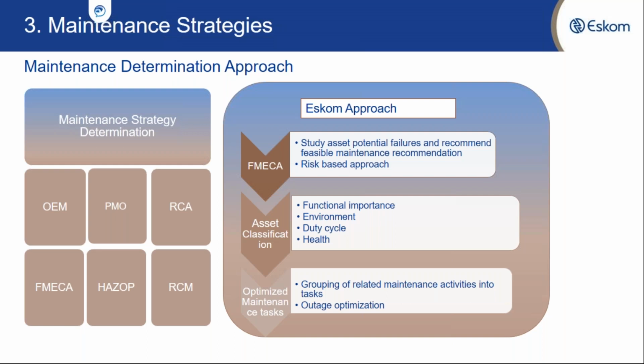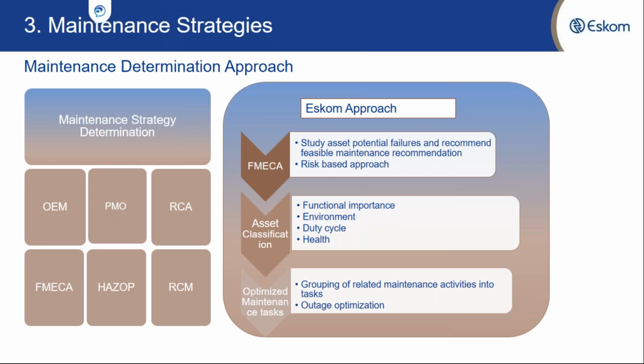Then there's an approach called the PMO, the preventative maintenance optimization. With that approach, you look at the existing practices and improve from what you have. You simply say, this is how I'm currently doing it, and this is my limitation, and you improve along those lines. Then there is another approach called the RCA, the root cause analysis.